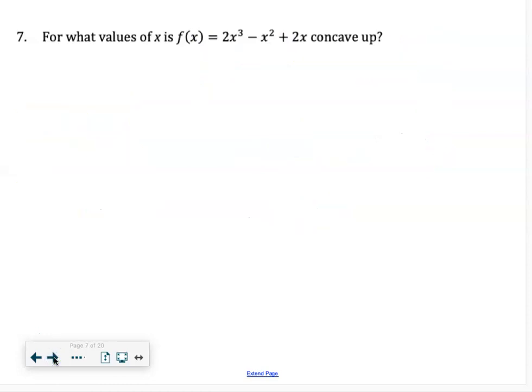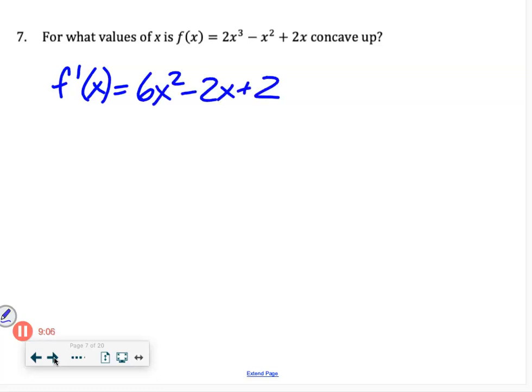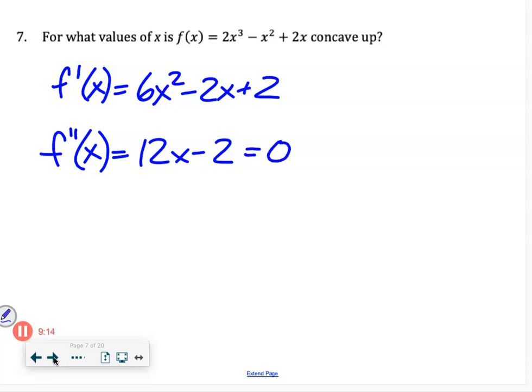All right. For what values is this function concave up? How do we know when a function is concave up? We use the second derivative. So we find f prime, then we find f double prime. We set f double prime equal to 0 to find the critical numbers, and we get 1/6.